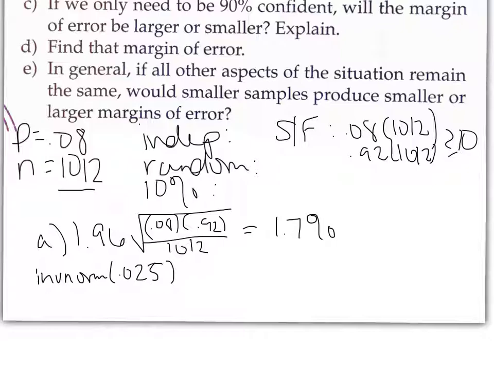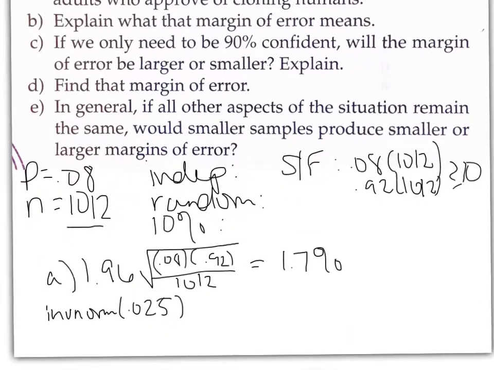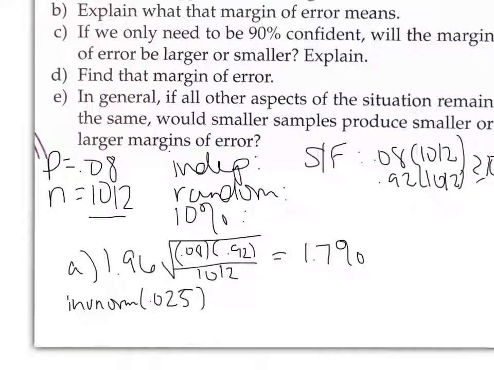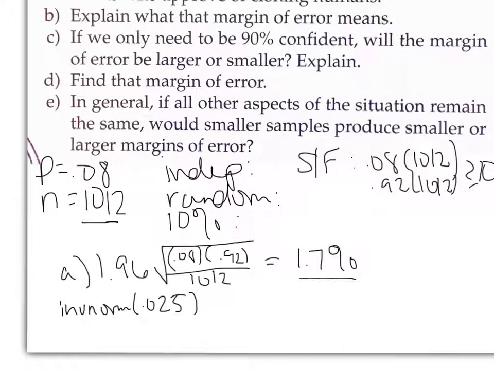Okay, B says explain what that margin of error means. Well, that 1.7 is our wiggle room. If I were to construct my confidence interval, I would start it at 8% and go out 1.7% on either end, and that would give me that I'm 95% confident that my interval with a width of 1.7 on each side would capture the true population proportion if I could figure out what that was.